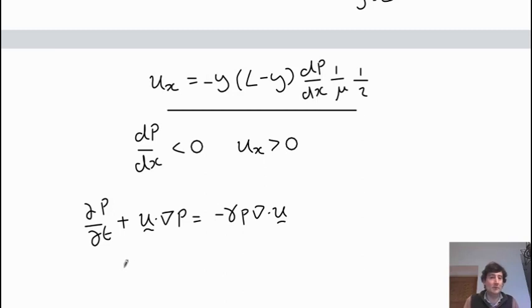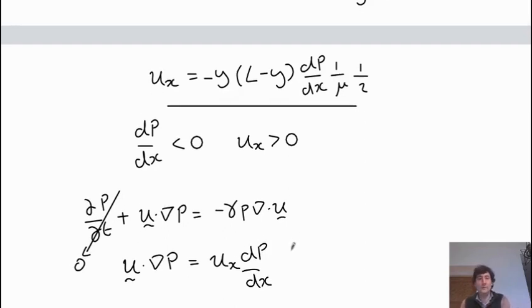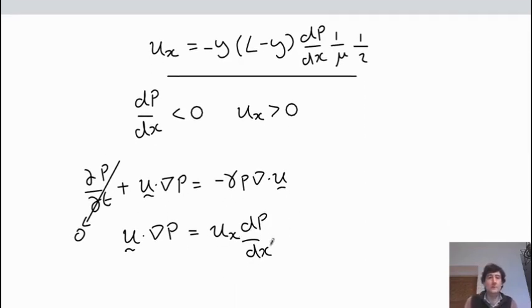So u dot grad p here is equal to ux dp by dx, because pressure is just varying in the x direction, u is also in the x direction. This here we're considering steady state, so that's equal to 0. And now u is positive and dp by dx is negative, and so this is less than 0.